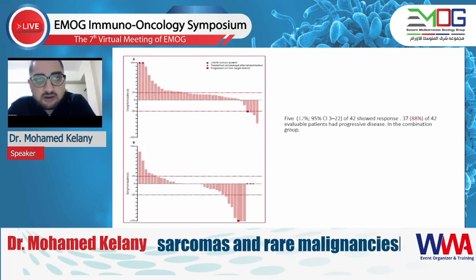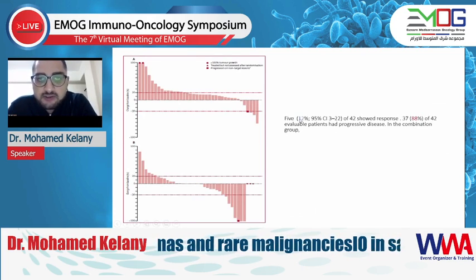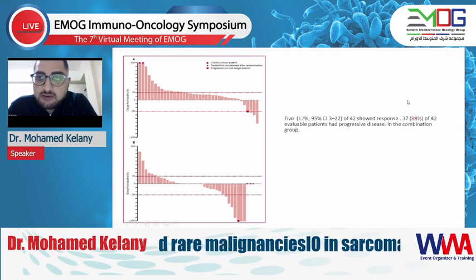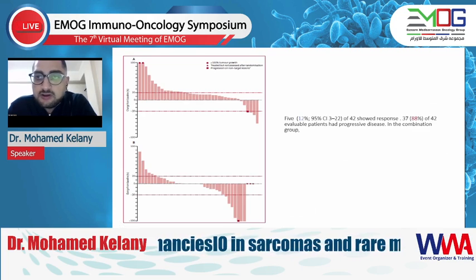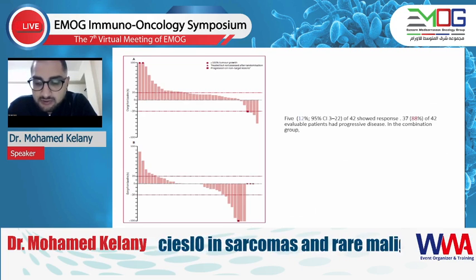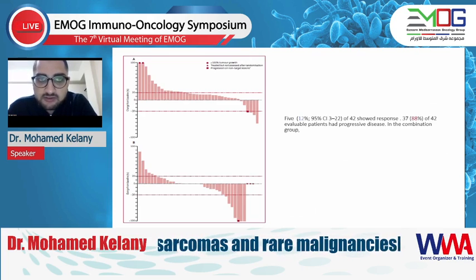In the waterfall response plot, only 20%, 5 patients, gave a response to the monotherapy Nivo. In combination, the response was 88%, which gives us the reason why the combo can act better in sarcoma or other tumor subtypes like renal cell carcinoma or even breast cancer.